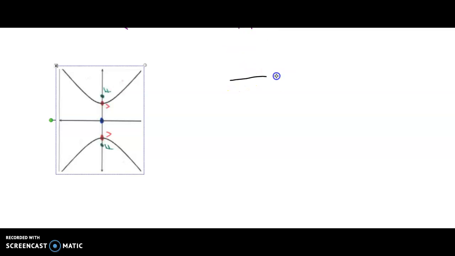It's going to be minus, equals 1. I said the first denominator is always a squared, and the second denominator is always b squared. But because these parabolas open up and down, now the first numerator is going to be y: y minus k squared, and this is going to be x minus h.